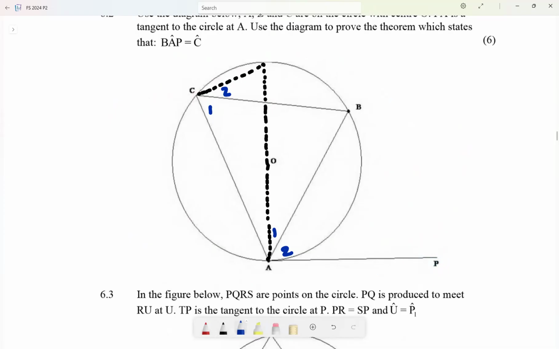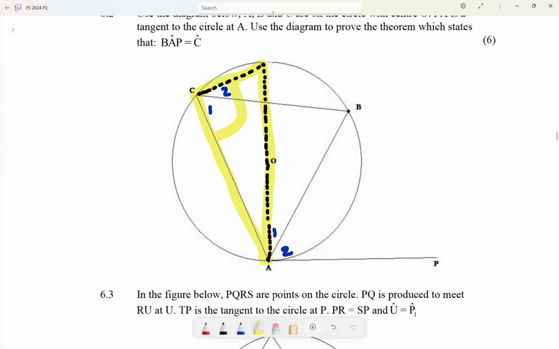Let's prove. Remember, we just proved that a diameter, okay, if this is a diameter, what is the property about a diameter? The angle subtended by that diameter is equal to 90 degrees. So this angle is equal to 90 degrees.